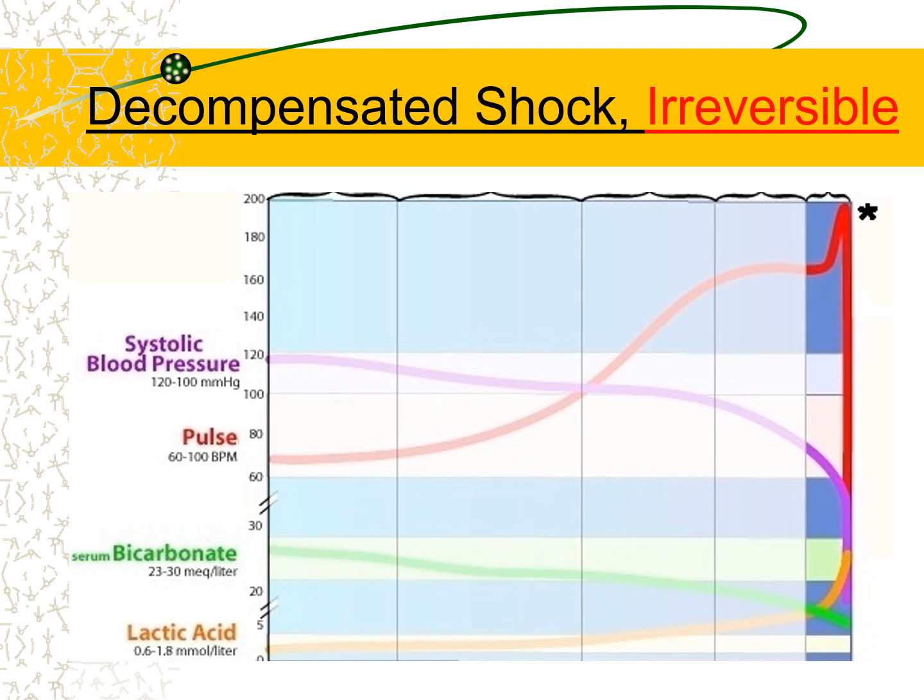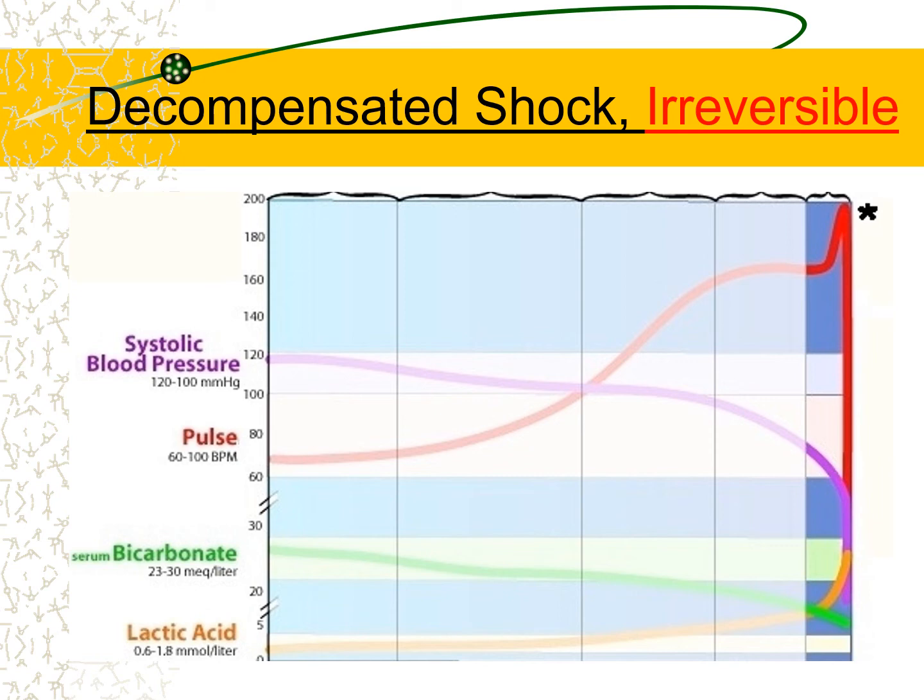And that results in that last spike of sinus tachycardia that you see here in the red. And then after that, it's all downhill. You can see that it's too late to turn things around at this stage.